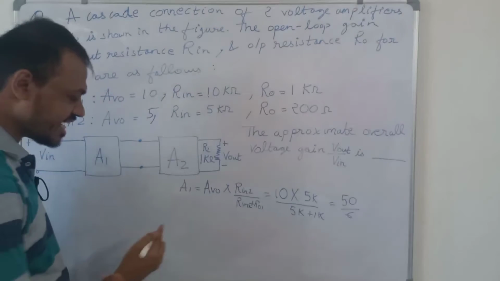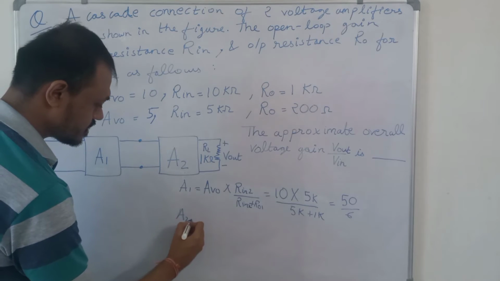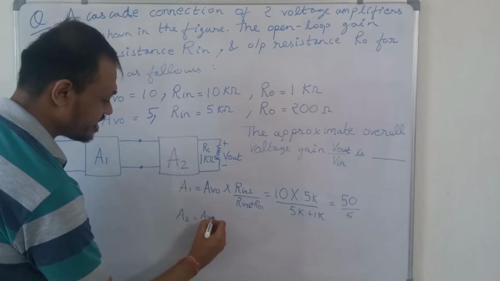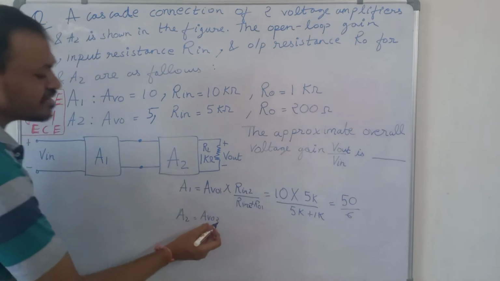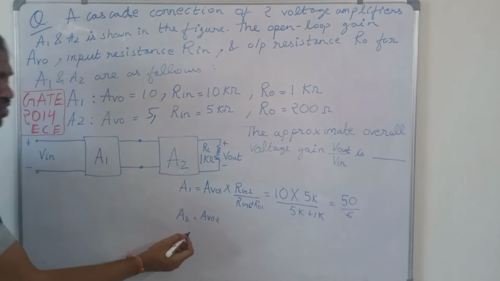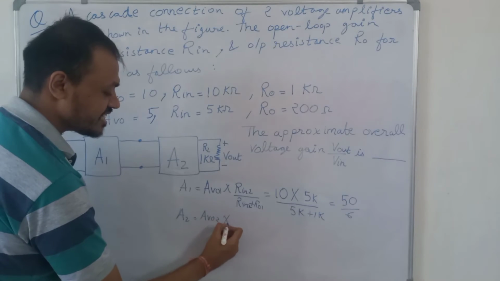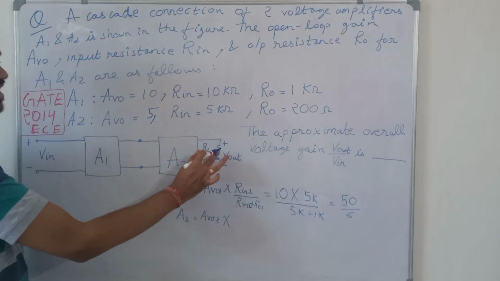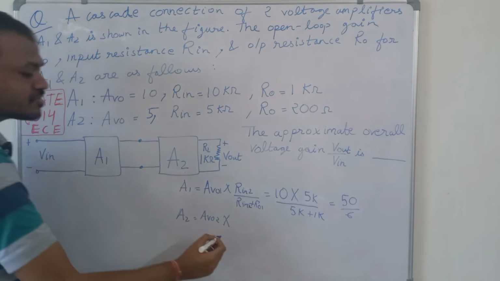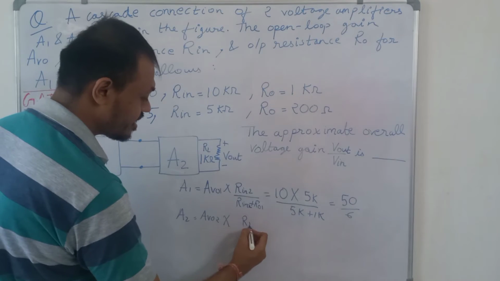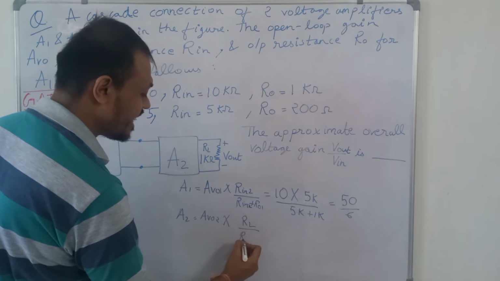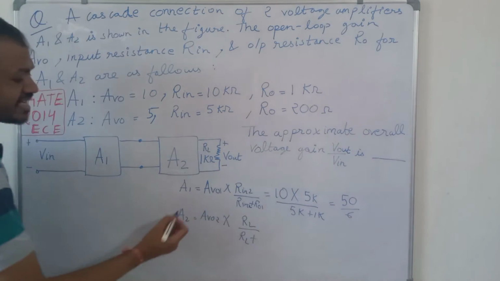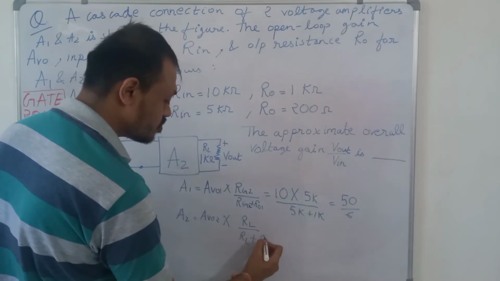Similarly, for the second stage, A2 is equal to AV naught of the second stage, so here for A2 we have to use 2, the open loop voltage gain of the second stage. Now again the input resistance of the next stage: there is no next stage, there is a load resistance. So we use RL upon RL plus the output resistance of the second stage, RO2.